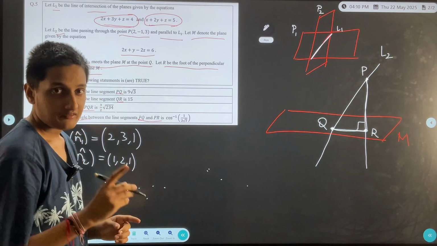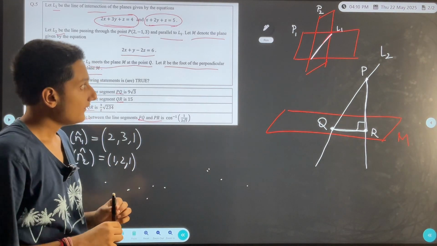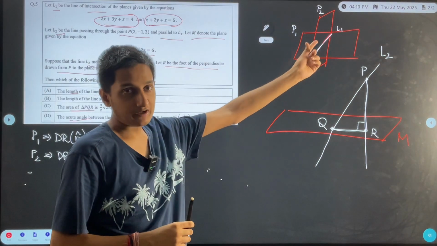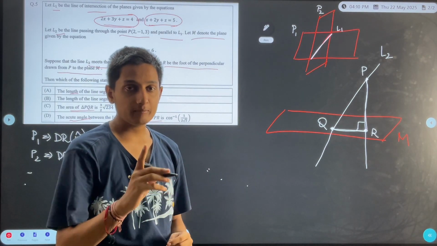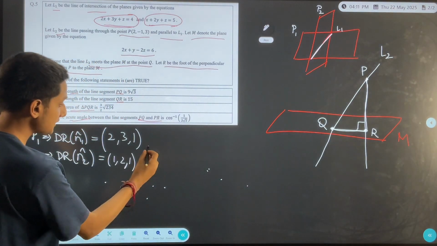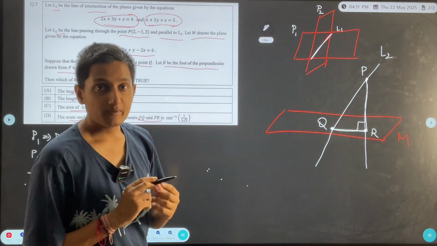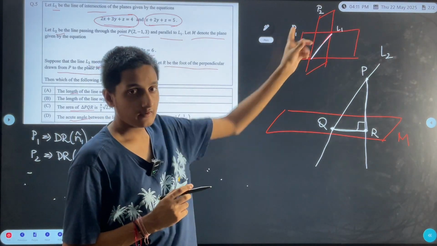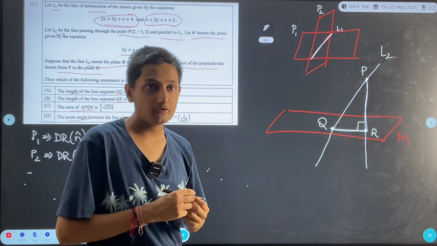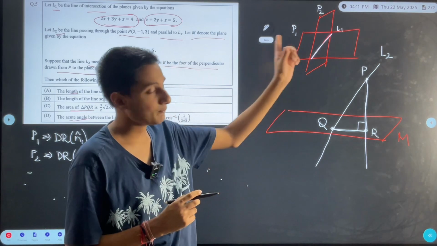Now one interesting thing to note is that whenever we have the line of intersection of two planes, the direction ratio of that line is given by the cross product of these two direction ratios. This is because the line L1 lies in the plane of both P1 and P2 and hence it will be perpendicular to the normal vector of both the planes.